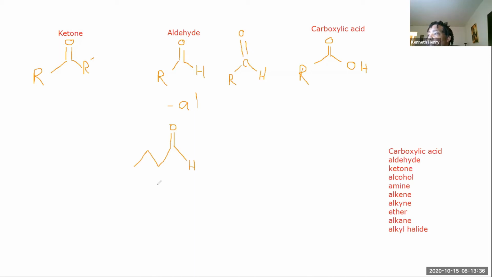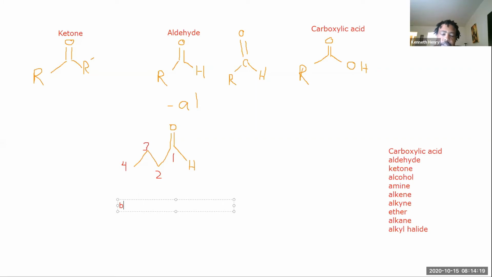Okay, so let's count the carbons. 1, 2, 3, 4. So what is a 4-carbon chain called? What is that prefix? Is it tetra? Nope. Is it but? Yep. So that's the thing about organic chemistry. It doesn't use only Greek prefixes. There's also other prefixes, so we don't want to mistake our Greek prefixes for our organic chemistry prefixes.